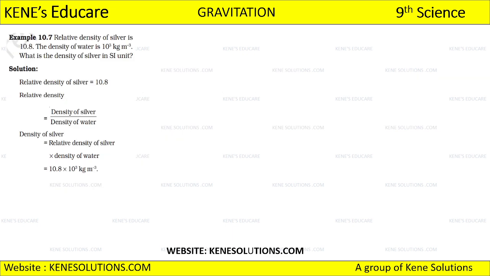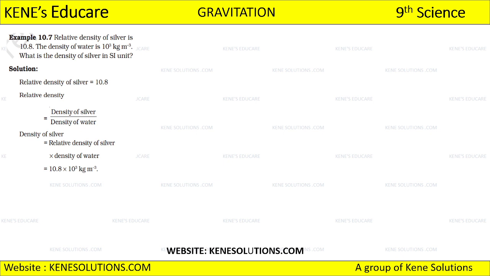After this, now we have an example with respect to relative density. See, the relative density of silver is 10.8. The density of water is 10 raised to 3 kg per meter cube. What is the density of silver in SI unit? So the relative density of silver that they have given is 10.8.